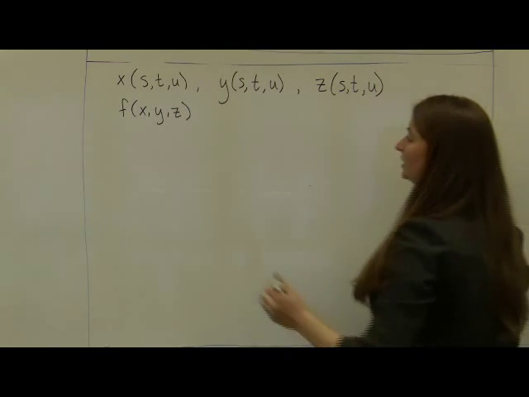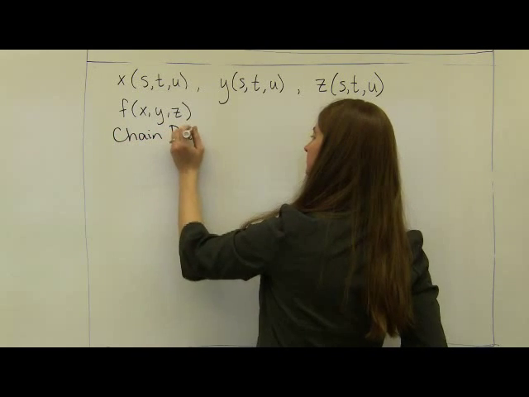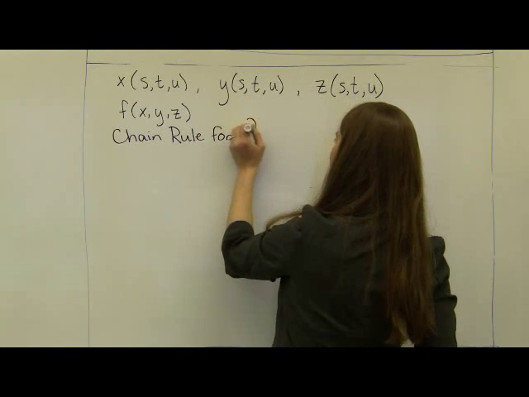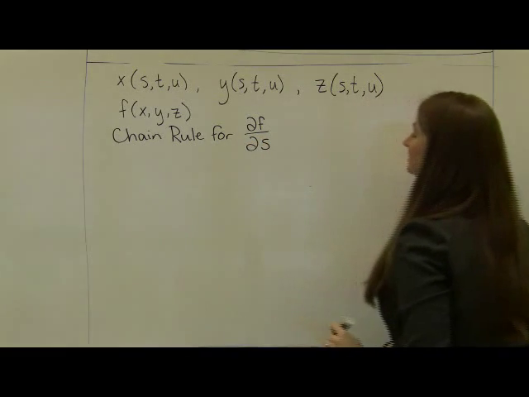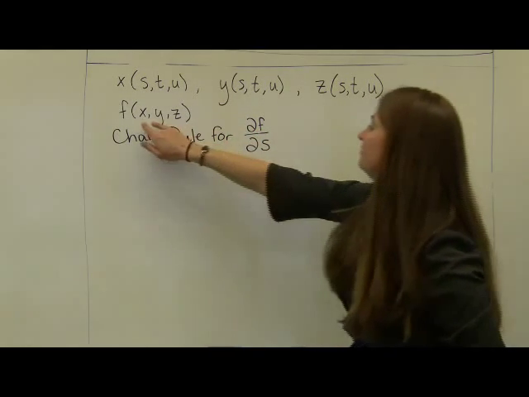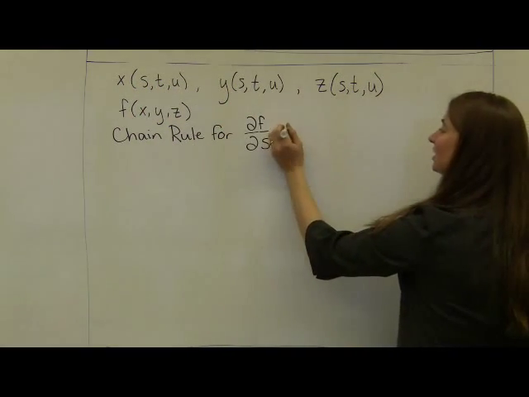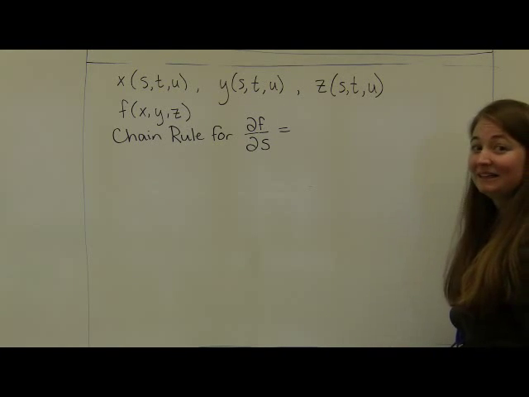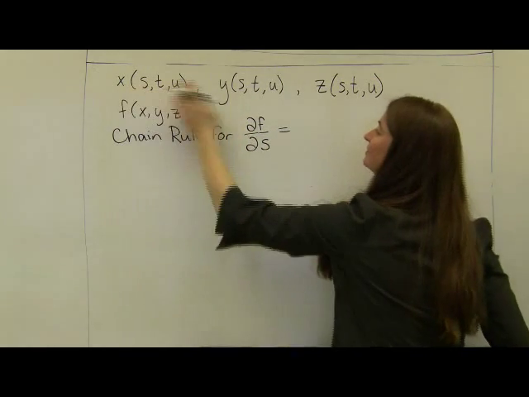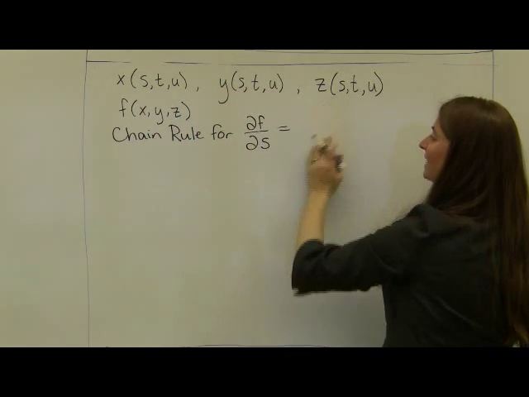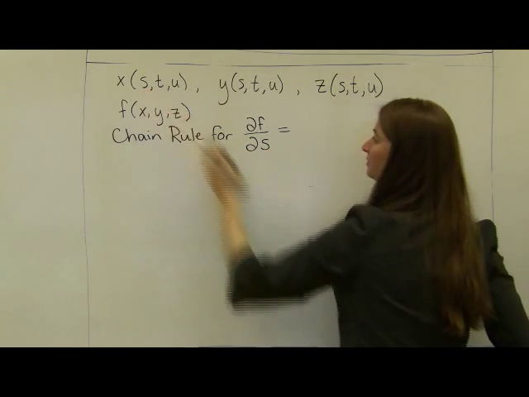And I want to know, what is chain rule for df ds? So this is the composition of my function f in terms of all of my x, y, and z terms. And it is, hopefully, exactly what you think it might be. You could think for a second. I'm going to have to take the derivative of f with respect to each of the major variables, x, y, and z, and then I'm going to have to multiply each of those by the derivative with respect to the minor variable, s.